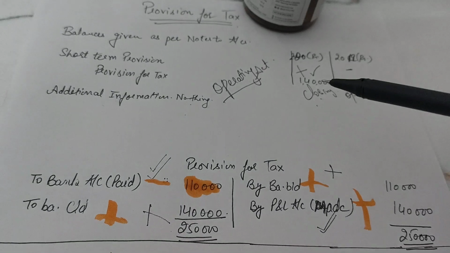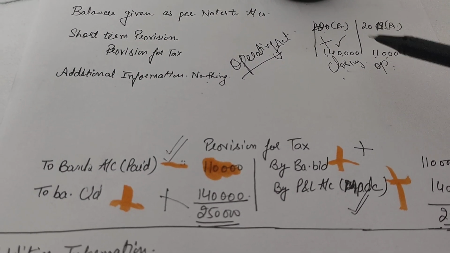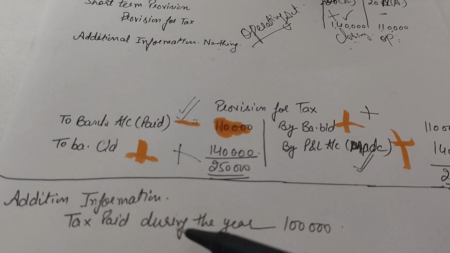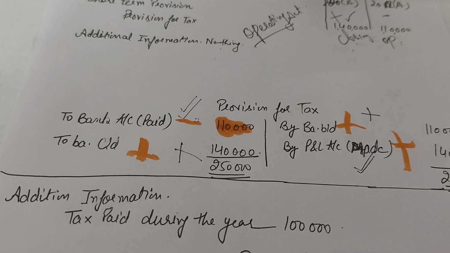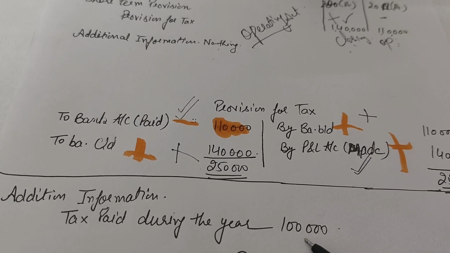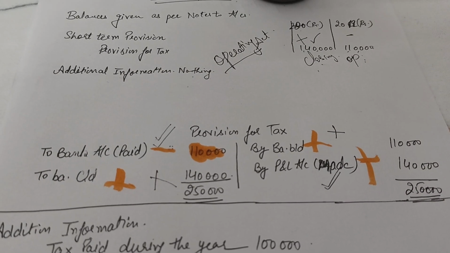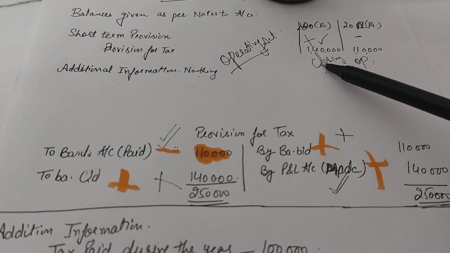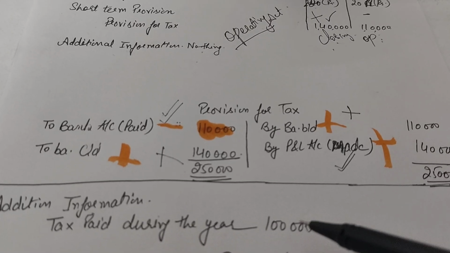Now dear, if I make a change in this given situation about additional information, let's say in the additional information I am provided that tax paid during the year is rupees 1 lakh, right? What I am saying is the situation remains the same as in the given question. The opening balance is 1,10,000, closing balance 1,40,000, but tax paid is given to us as 1 lakh.